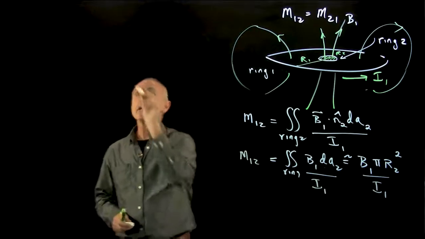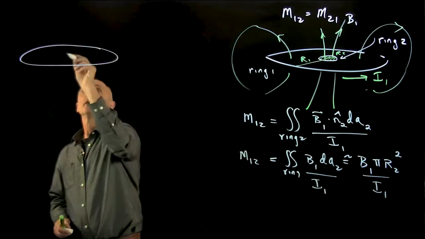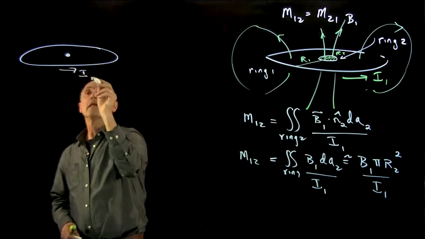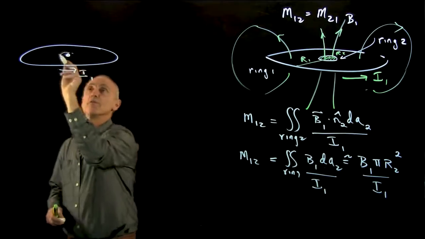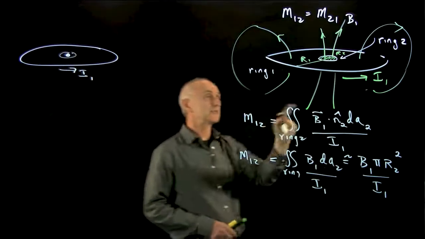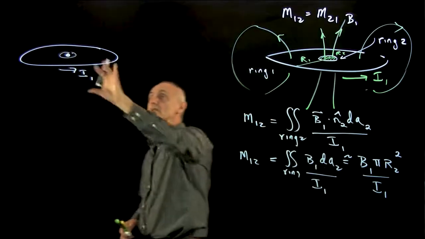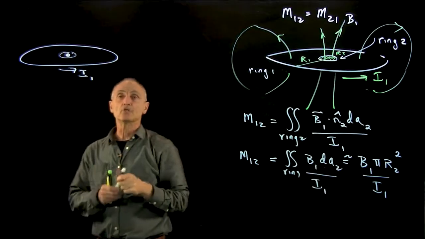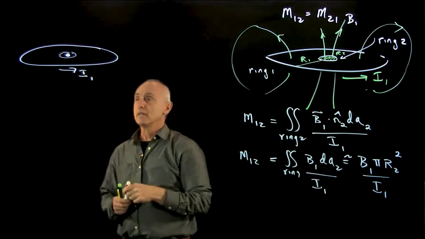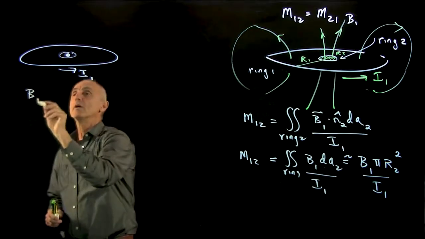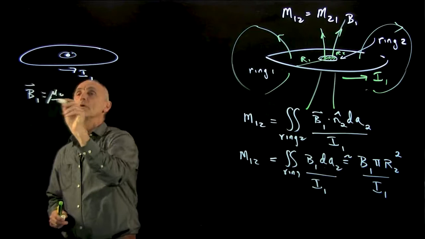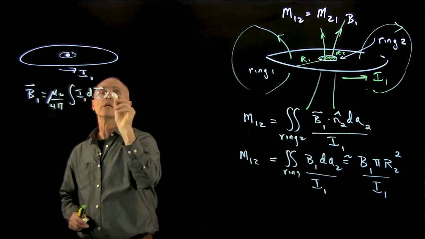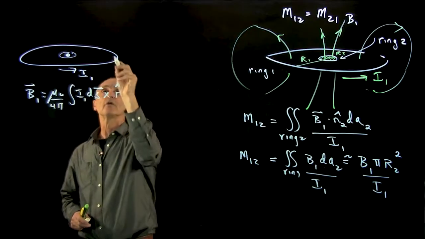Now, all I have to know is how do I get the magnetic field at the center of a ring that has a current I1, because remember, that's a very small R2, and that's our approximation. Well, in this geometry, this is not an Amperian case, but this is a classic Biot-Savart calculation that you've done before, where B1 is mu naught over 4 pi, the integral of I1 ds cross the unit vector.